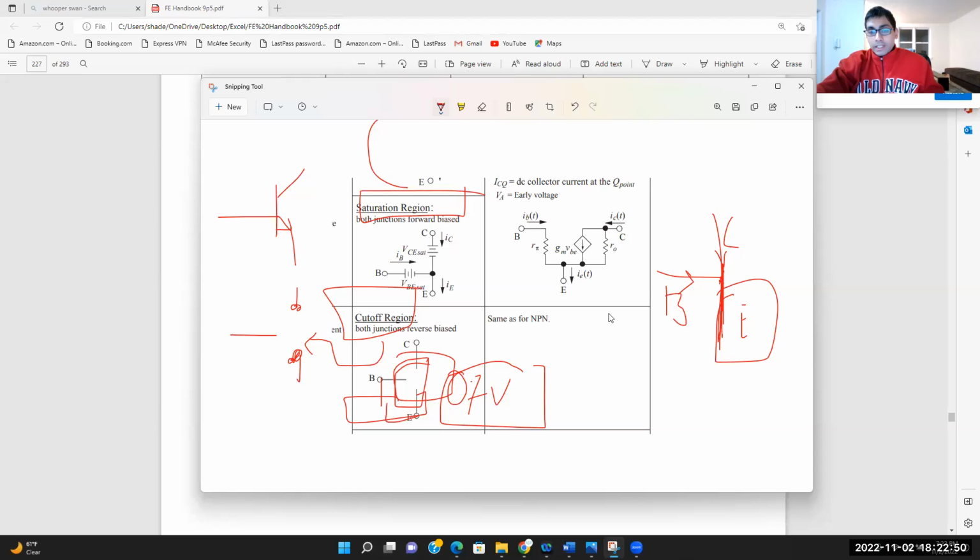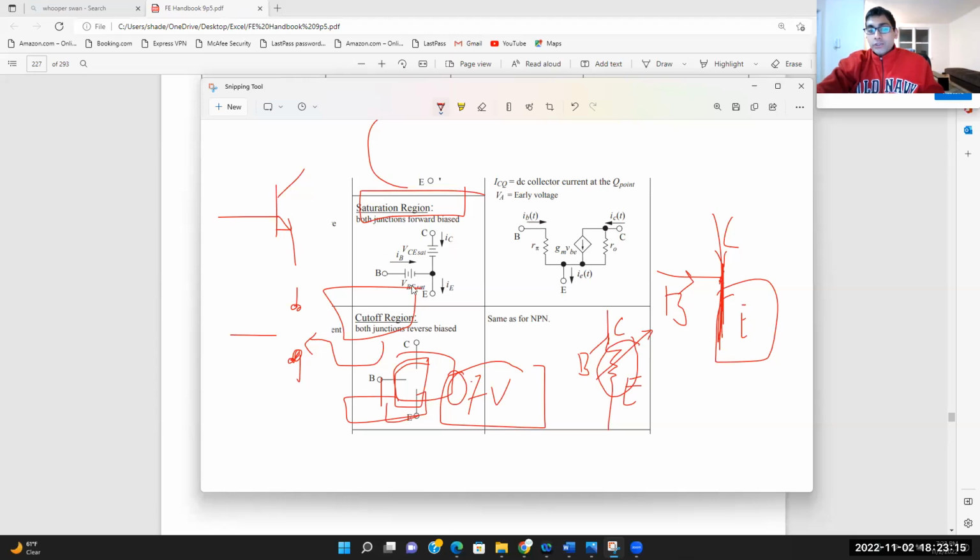If I'm trying to draw the active region and the saturation region, the difference is that in an active region, between the collector and the base and emitter, you can assume it's like a variable resistor. The resistance would slightly vary.